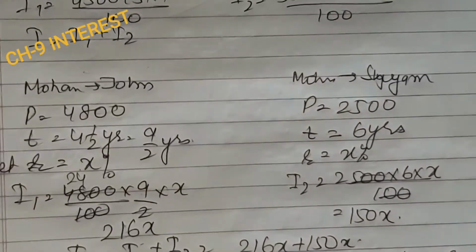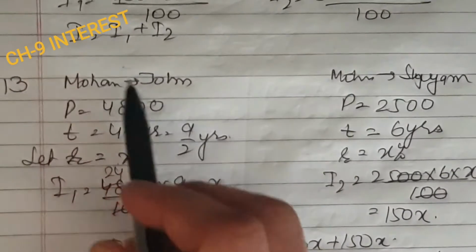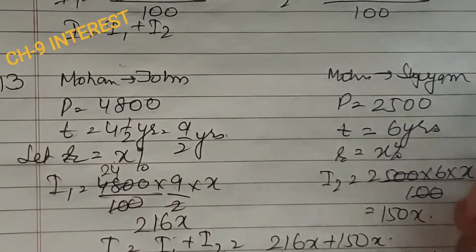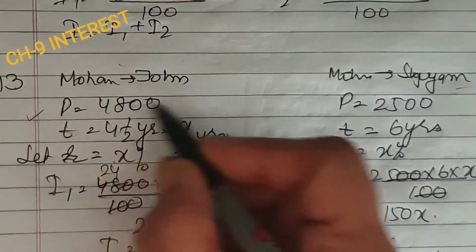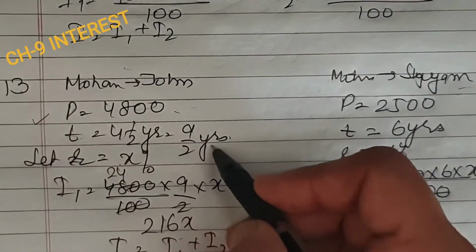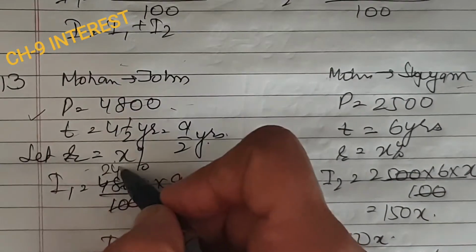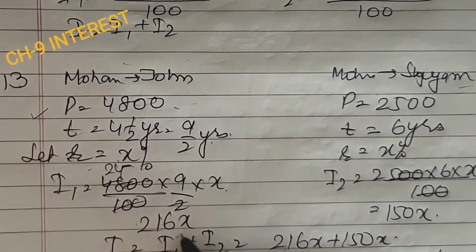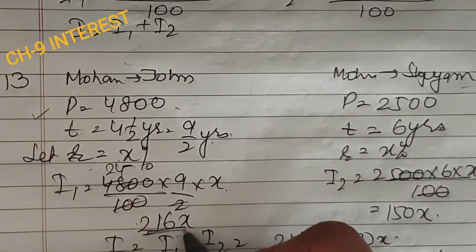Now in question number 13, Mohan lends to John and Mohan borrows from Sham. For the first case, the principal is 4,800, time is 9/2, but the rate is unknown, that is x%. So we have taken it to be x, and we have got I1 in terms of x, that is 216x.